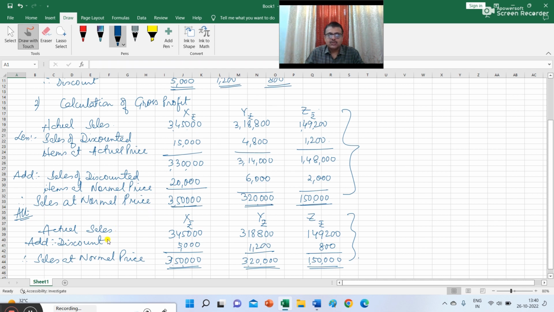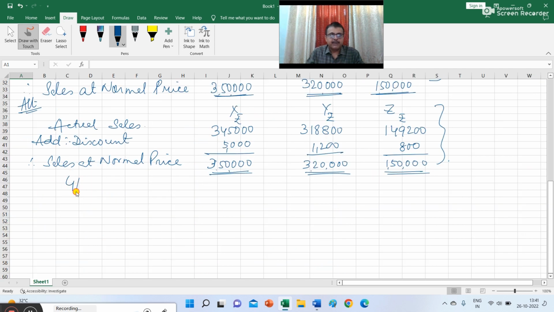Alternatively, the actual sales plus the discount calculated in working note number 1. So sales at normal price for department X is 3,50,000, for department Y is 3,20,000 and for department Z is 1,50,000.